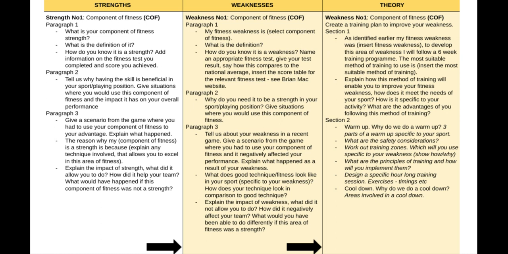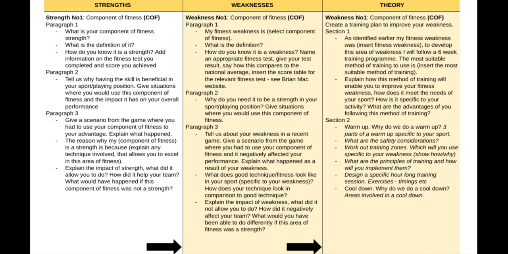So, for example, if you have completed the multi-stage fitness test or the bleep test, what score did you get and how did that place you comparatively against national standards? Does it mean that it was your strength, or does it mean that cardiovascular fitness was your weakness?